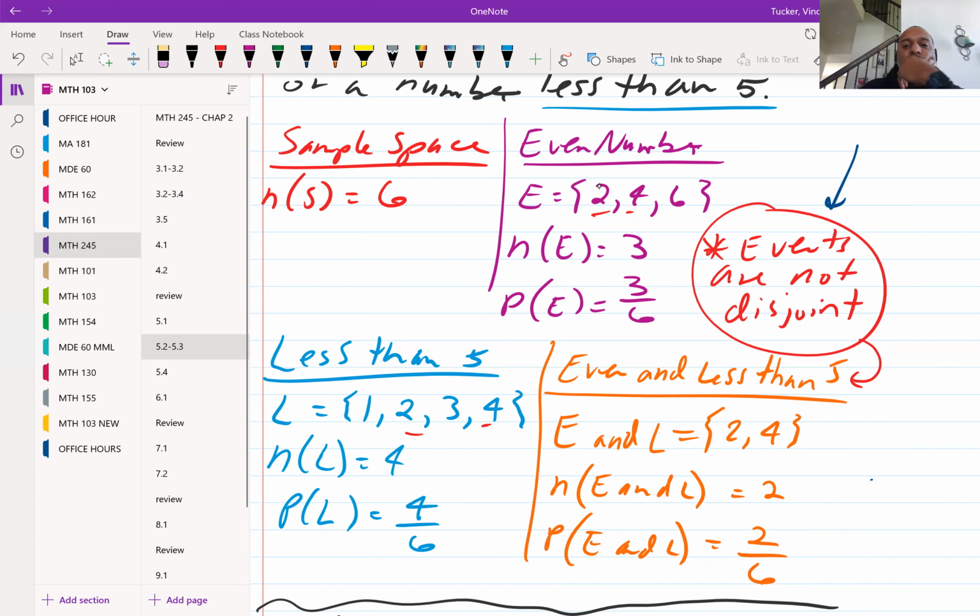So make sure we are clear with our 3 pieces before we plug them into the formula.